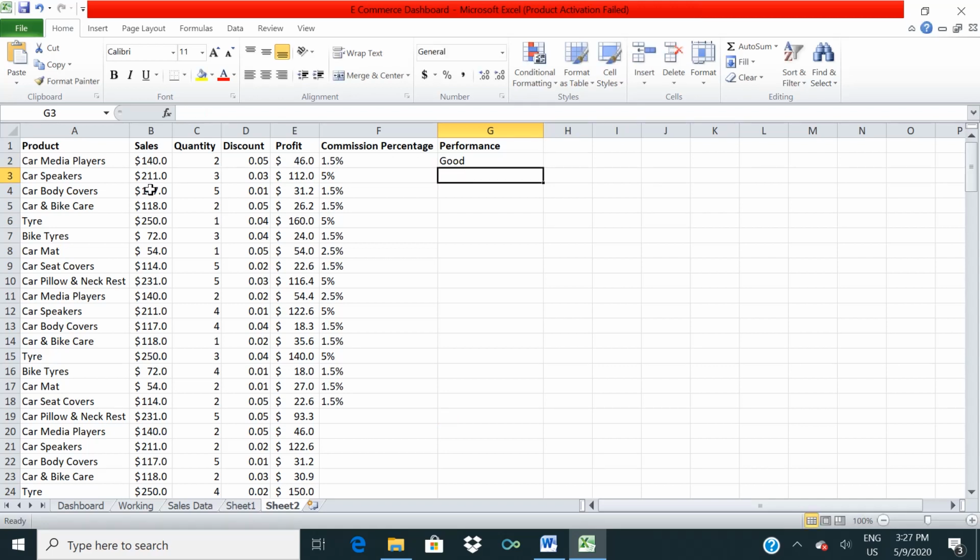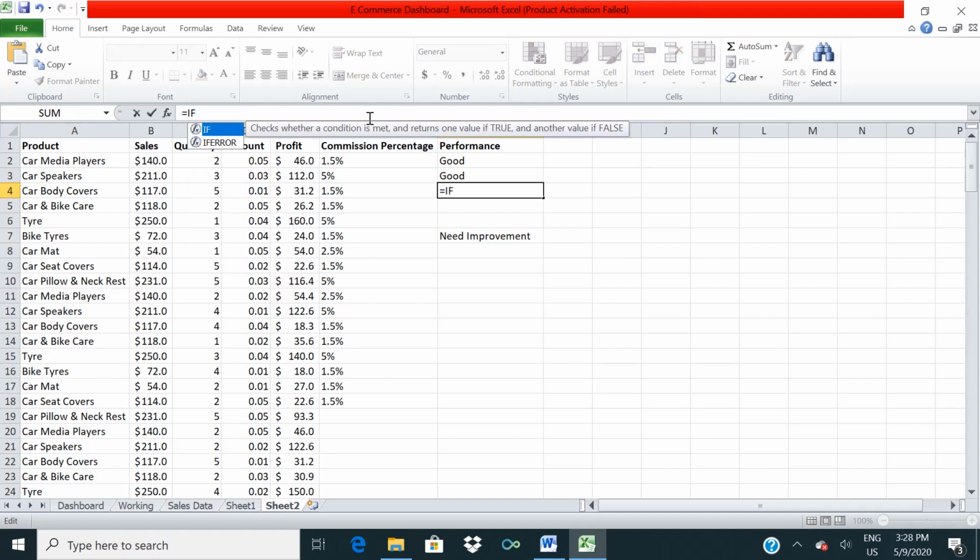And here sale is greater than 100, profit is also greater than 100, so it will be good. And here it is less than 100 and profit is also less than 100, so it will need improvement. So in this way I want to write the formula.